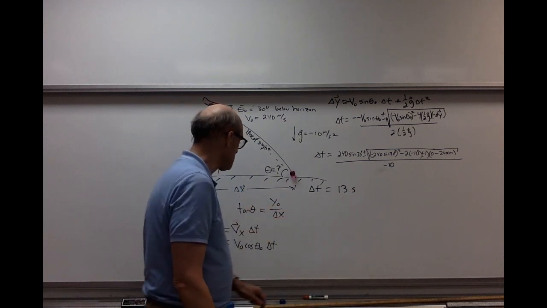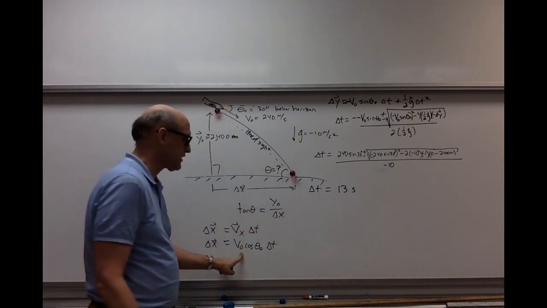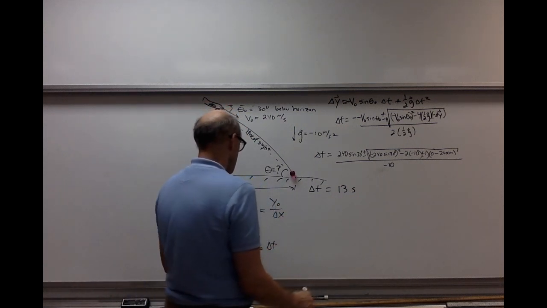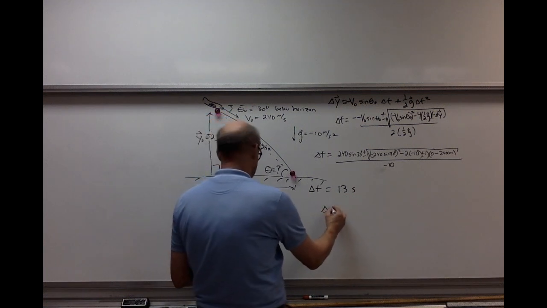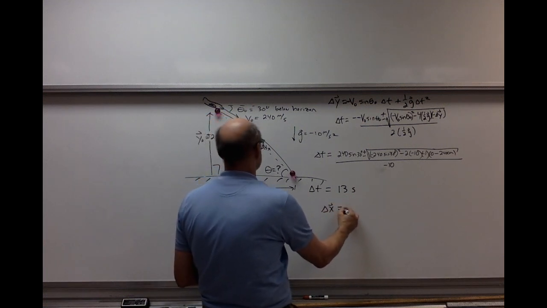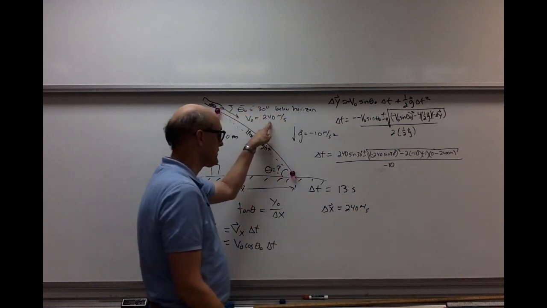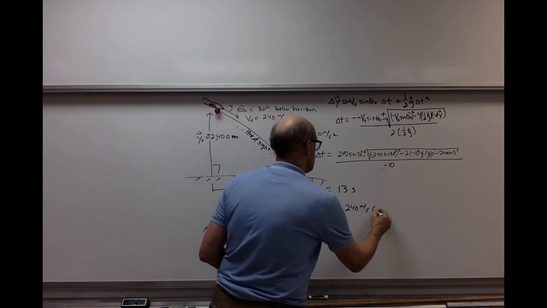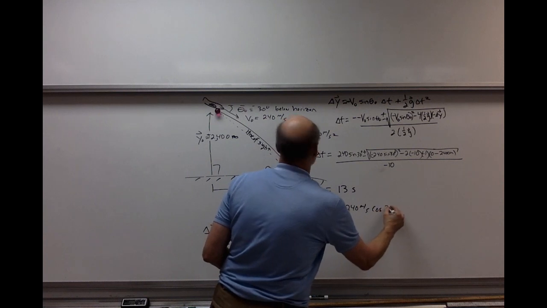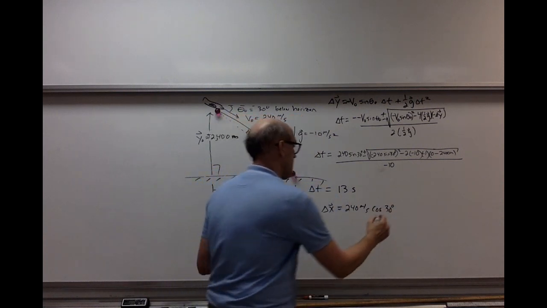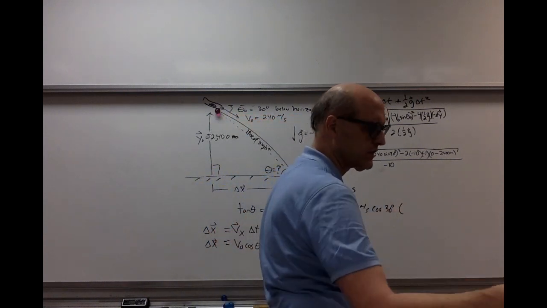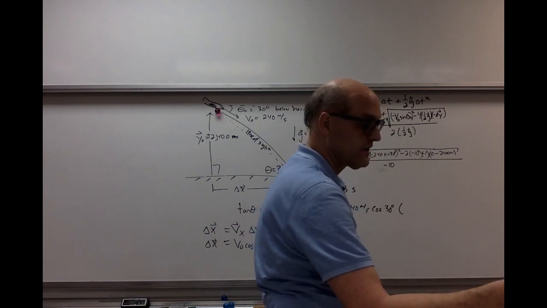Now I'm going to take that time and substitute it into this expression to get delta x. So we have the displacement is 240 meters per second, times the cosine of 30 degrees, multiplied by the time, which is actually 12.979.